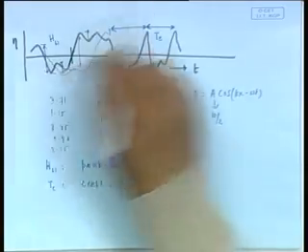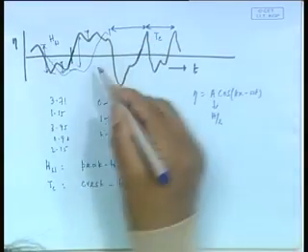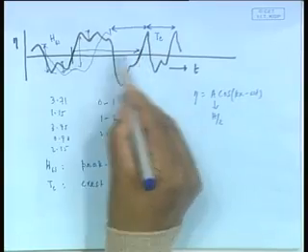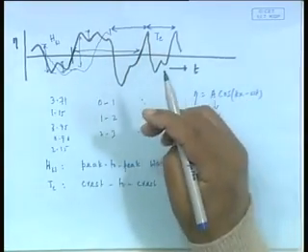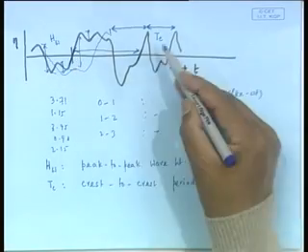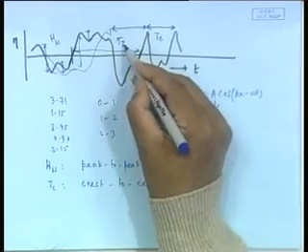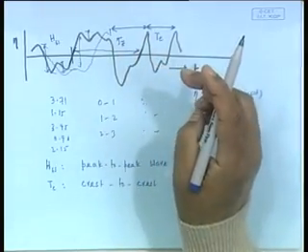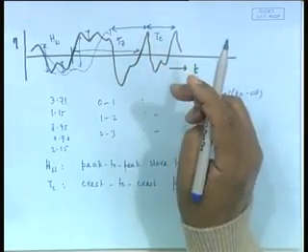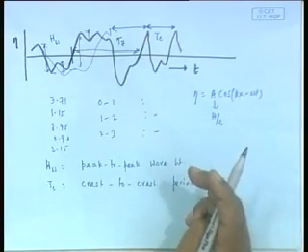Here I need to have this 0 line from some reference. When the signal crosses the level 0, the time interval from the first crossing of the 0 line to the next crossing of the 0 line is known as the 0 up crossing period. Up crossing means crossing in the upward direction. You can always say there should be a 0 down crossing period.